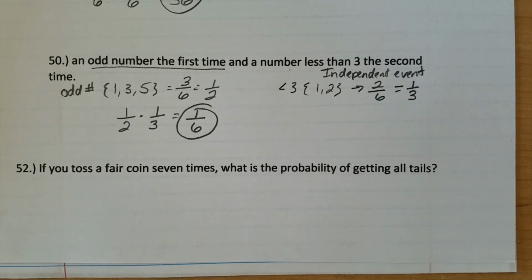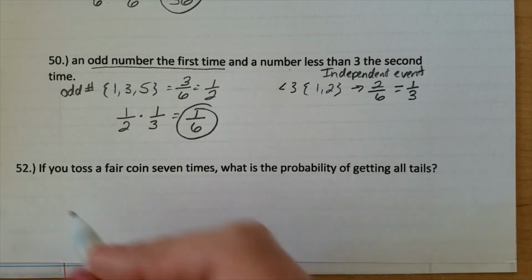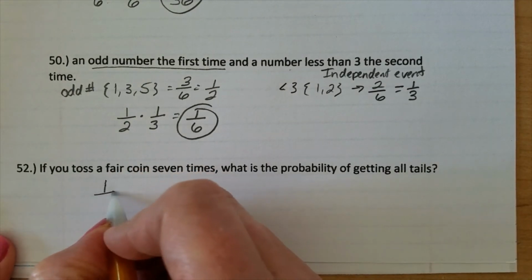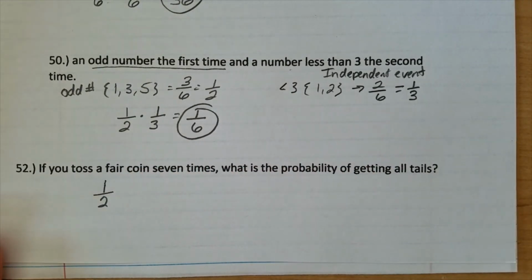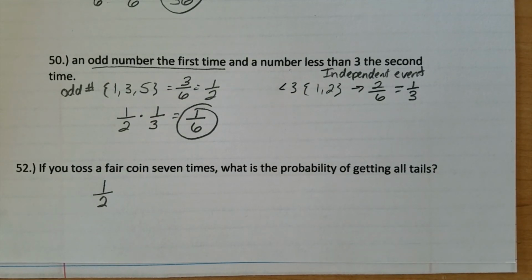52. If you toss a fair coin 7 times, what is the probability of getting all tails? Well, the probability of getting a tail, you only have a choice of either a heads or tails, so that means you have a probability of 1/2. Now, if you're tossing it 7 times, well, on the first toss, it's a probability of 1/2. The second toss, it's 1/2. Third toss, 1/2, so on and so forth.